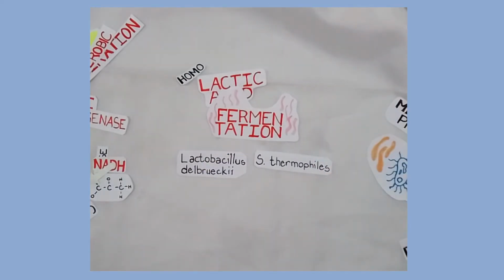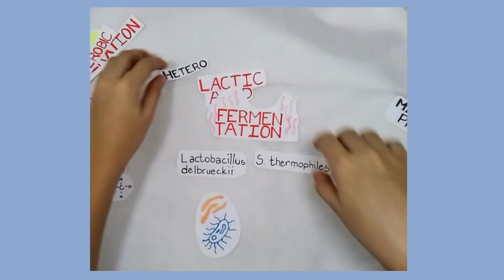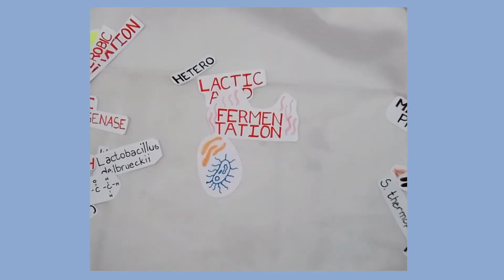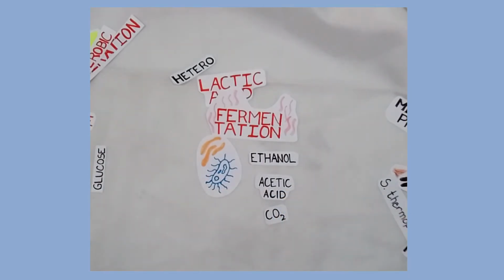However, many bacteria perform heterolactic fermentation, producing a mixture of lactic acid, ethanol, and/or acetic acid, and CO2 as a result of their use of the branched pentose phosphate pathway instead of the EMP pathway for glycolysis.